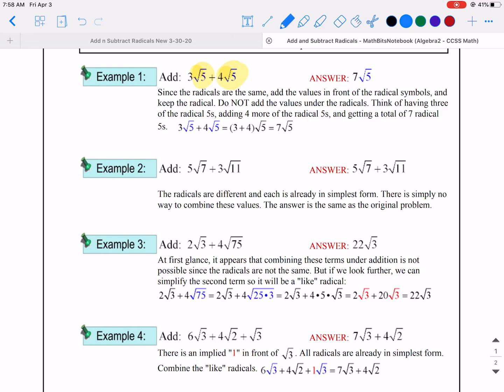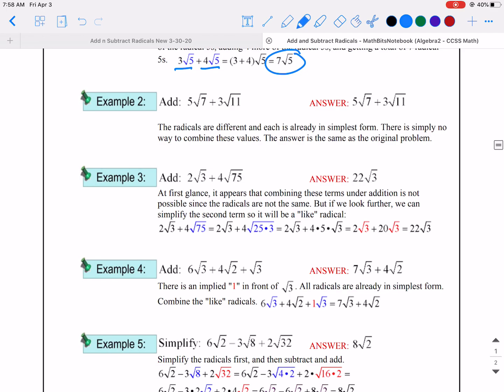I ask myself, are the radicands the same? Yes. Are the indexes the same? Yes. Remember, if we don't see the index, it's a 2. So now I can add my 3 plus my 4. If I have 3 radical 5s and I add 4 radical 5s, I get 7 radical 5s.